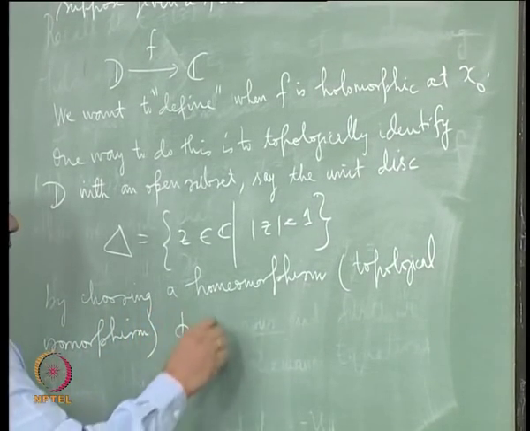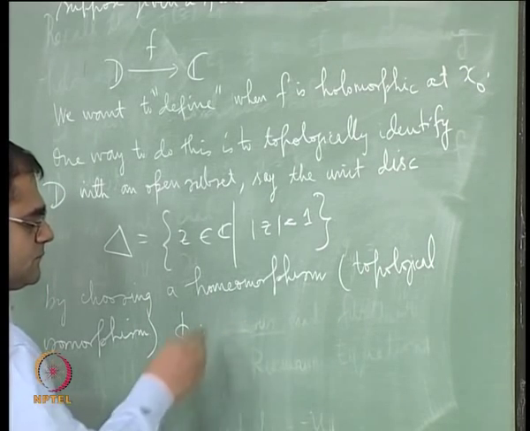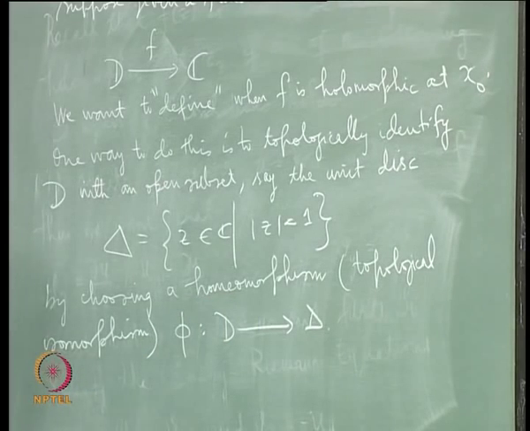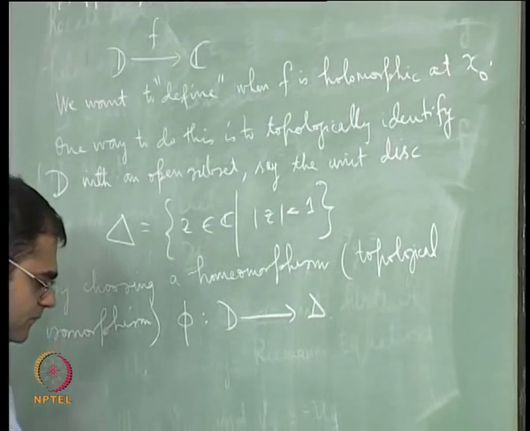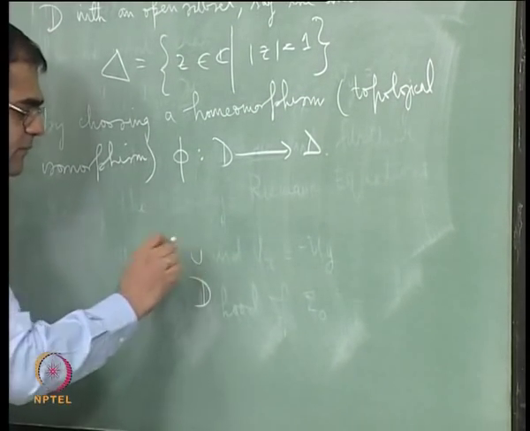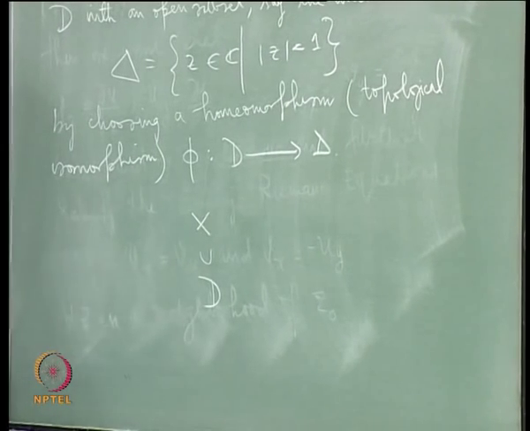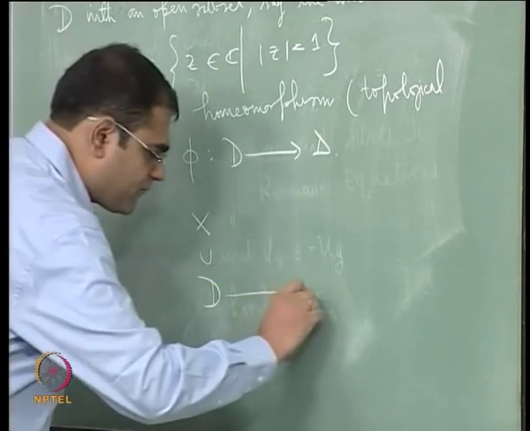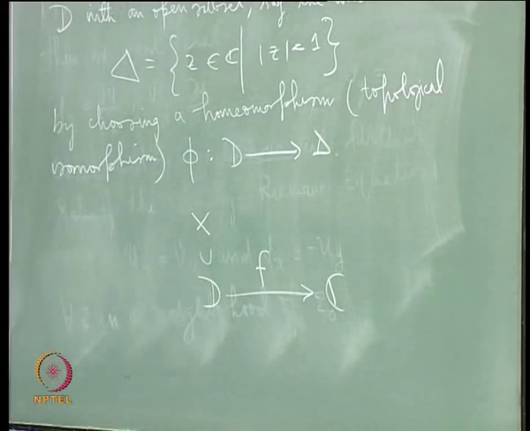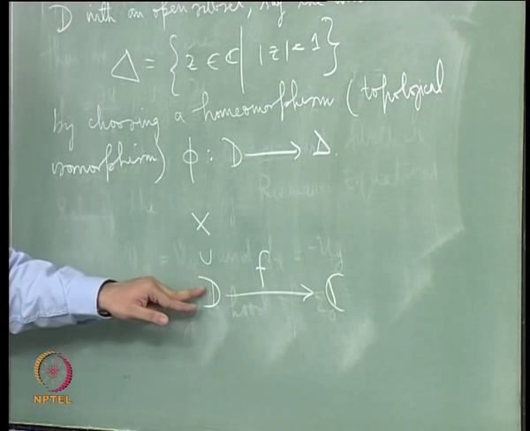So I have my D here, which is sitting inside the surface and which contains the point x0, and I have this function f which is defined on D and takes complex values, and my aim is to be able to say that f is holomorphic at a point of D.